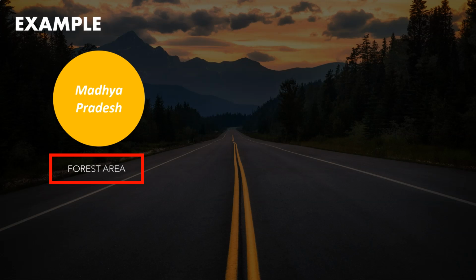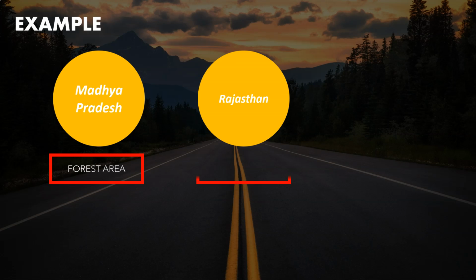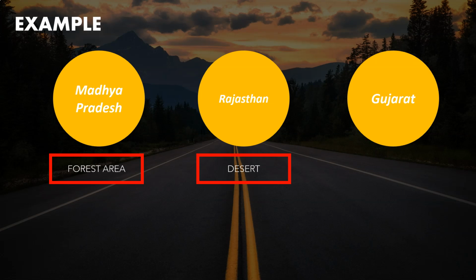So Madhya Pradesh is out of the question. Rajasthan has unstable, undulating topography that includes desert regions, and it also comprises arid soil. So for these reasons, Rajasthan is also not suitable, and Gujarat is dense with swamps.